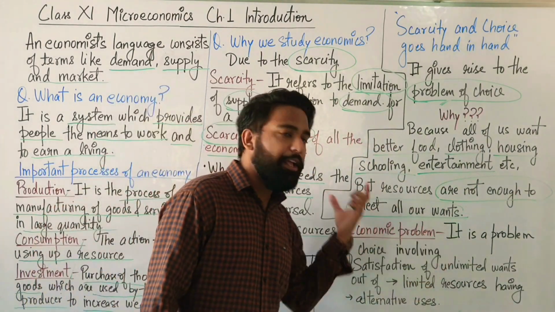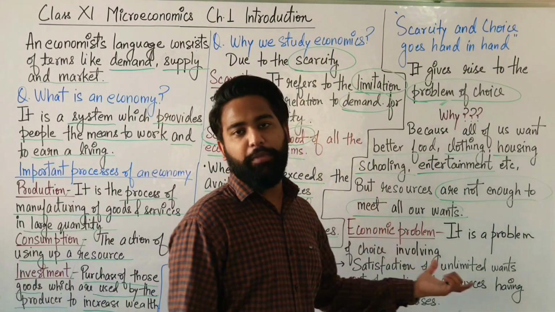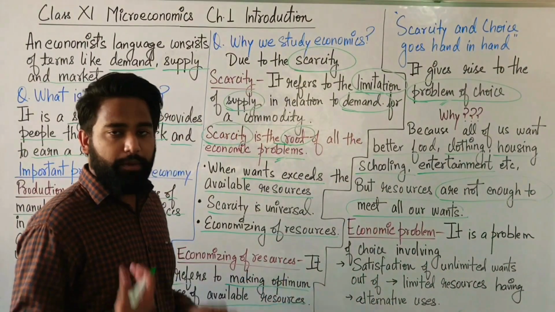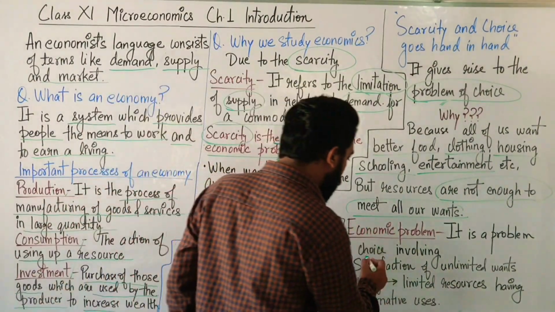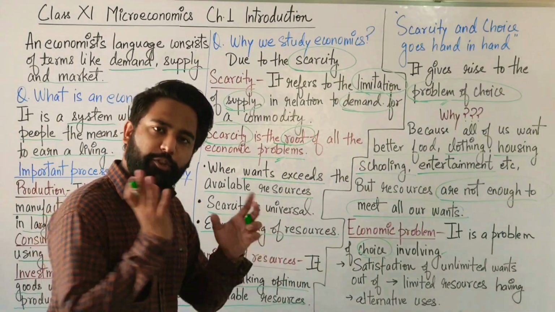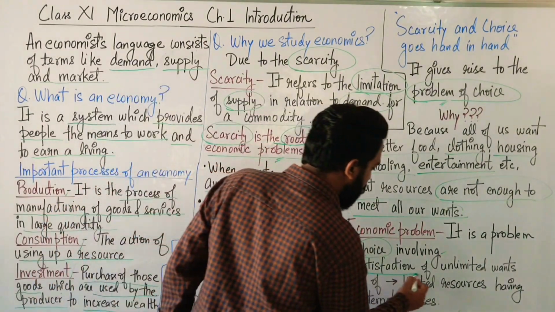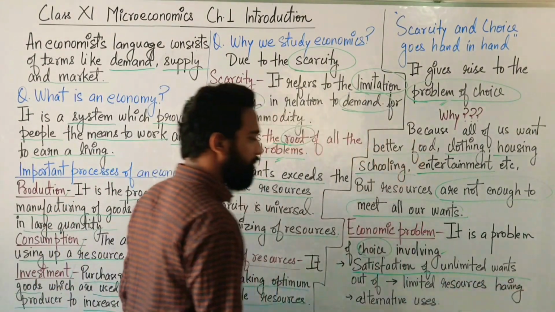Now, this scarcity creates economic problems. Now, what is an economic problem? It is a problem of choice under which there is satisfaction of unlimited wants.